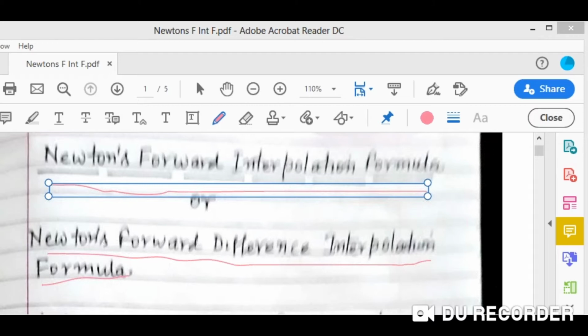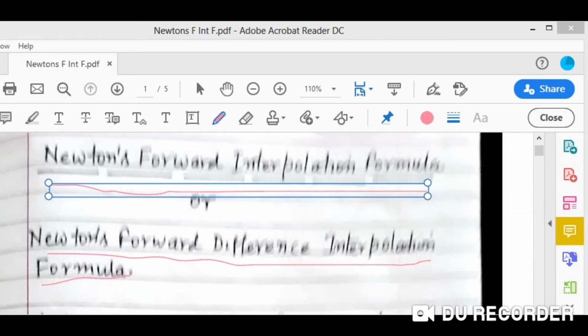Fifth was the averaging operator, and sixth was the differential operator. So these were the important and useful operators which we have already gone through, and we have had a deep and long discussion about them. Now we are going to discuss Newton's forward interpolation formula.